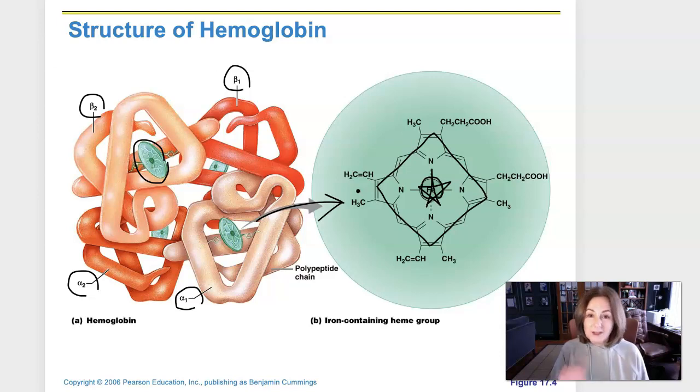And with each of those cells having hundreds of millions of molecules of hemoglobin, and each hemoglobin molecule being able to transport up to 4 molecules of oxygen, because each of the iron atoms can transport one oxygen molecule, that's a tremendous oxygen carrying capacity for the body.